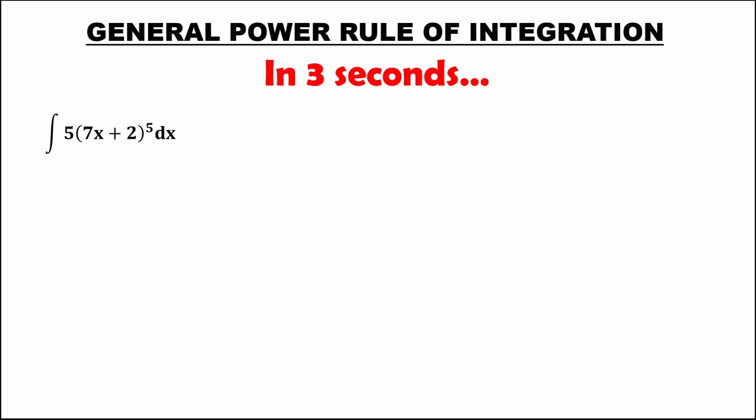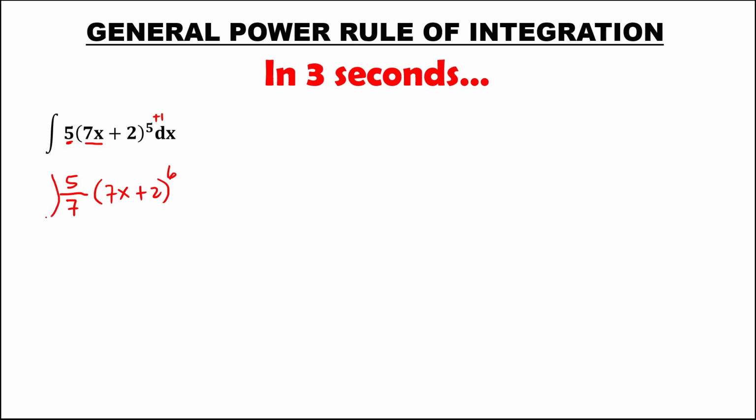Then for this given, put this constant outside, then over the derivative of 7x, this one is 7, then times (7x + 2) to the power plus 1 for the exponent, to the power 6.